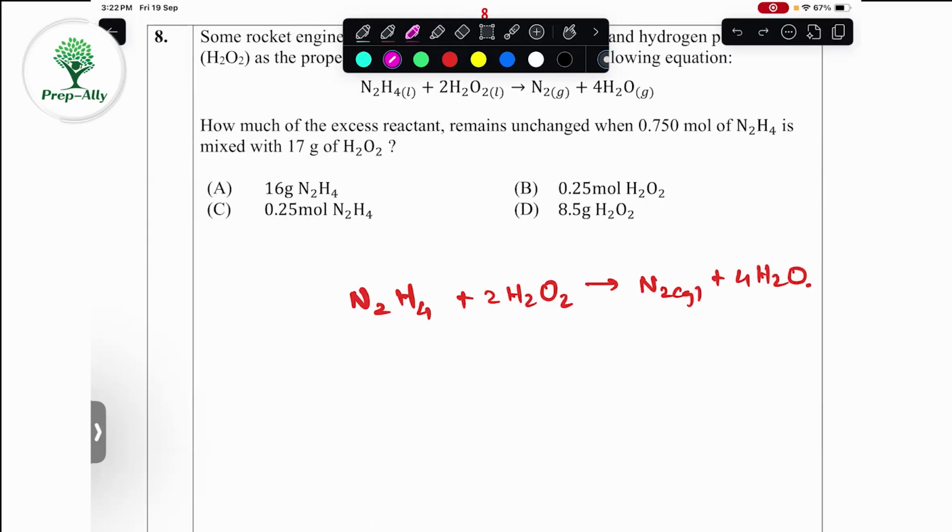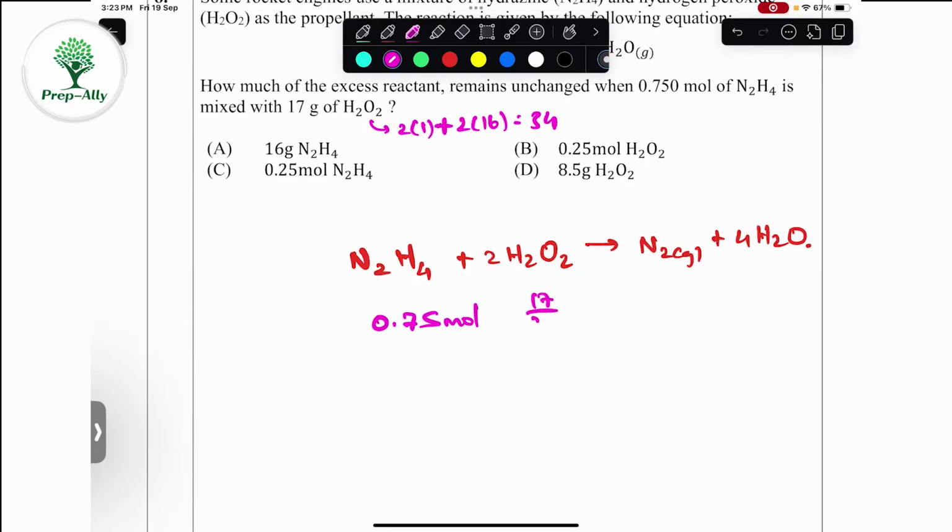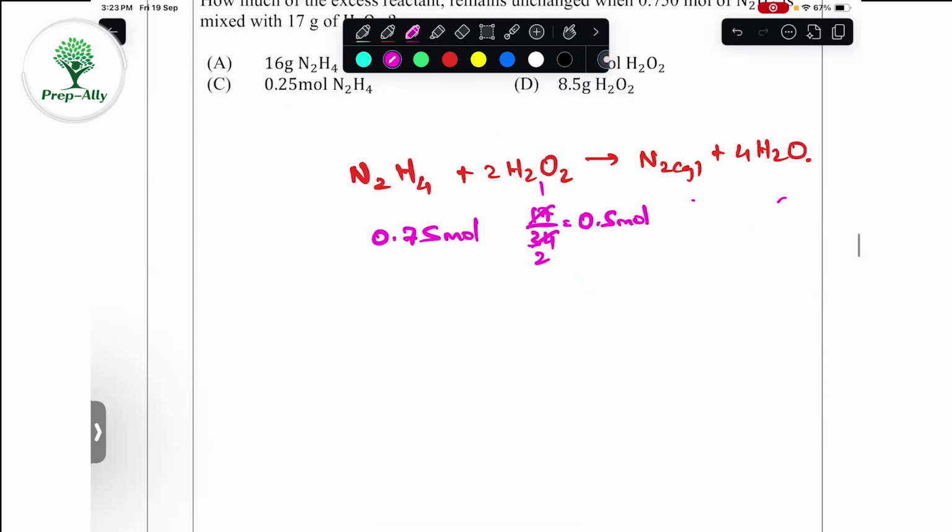We have 0.75 mole of hydrazine and 17 gram of H2O2. What is the molar mass of H2O2? Two hydrogens are there, each hydrogen has a mass of 1, and 2 into 16. So what do I get? 32, 34, right? So I can write here 17 by 34. I get 1 by 2. I can say 0.5 mole of H2O2 is reacting. And this and all we will take up later.